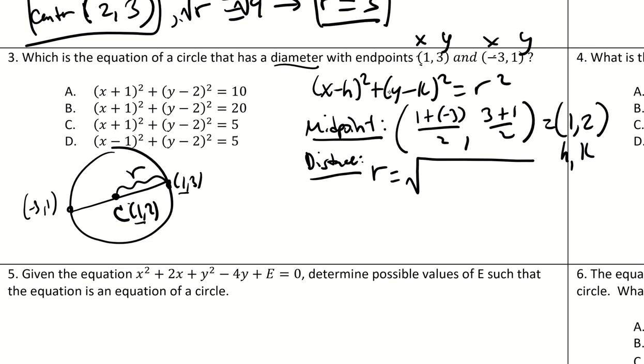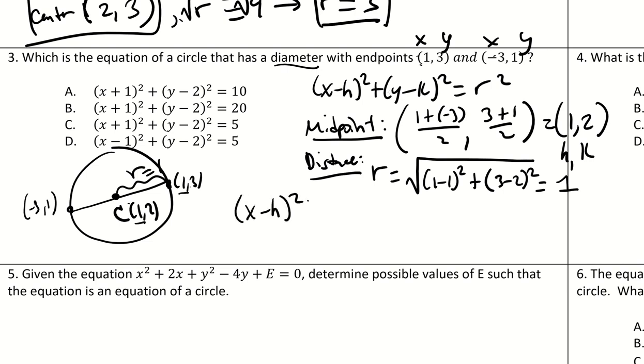So it's going to be 1 minus 1 squared, and then 3 minus 2 squared. So in that case, the radius is going to be 1. All right, and that makes sense if you look at it. All right, so the radius is 1, and then we can write the equation of a circle.